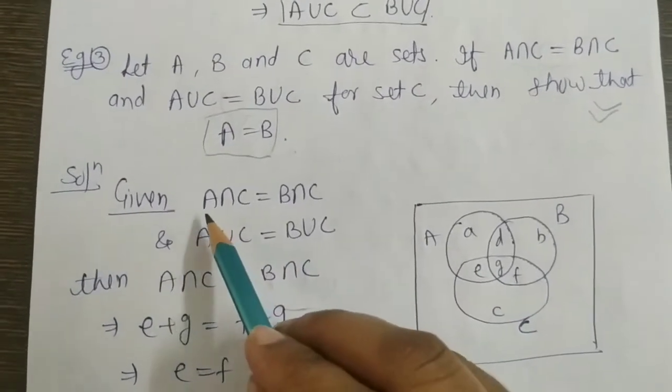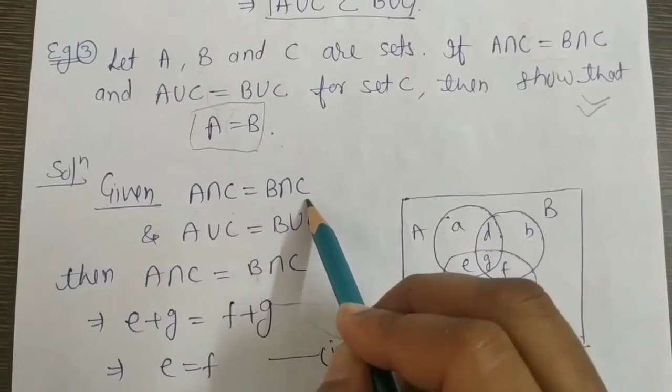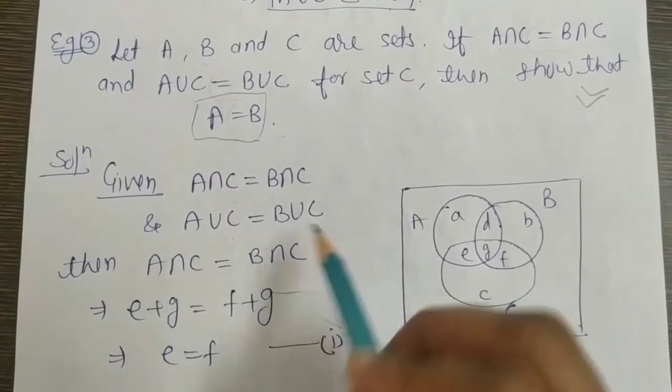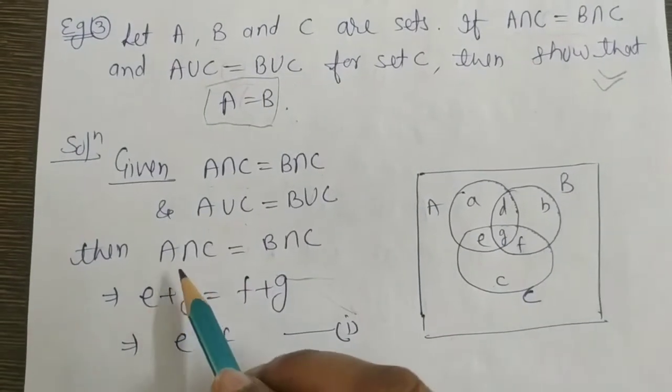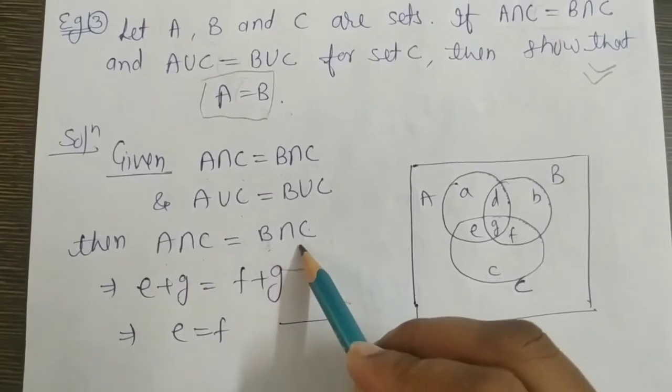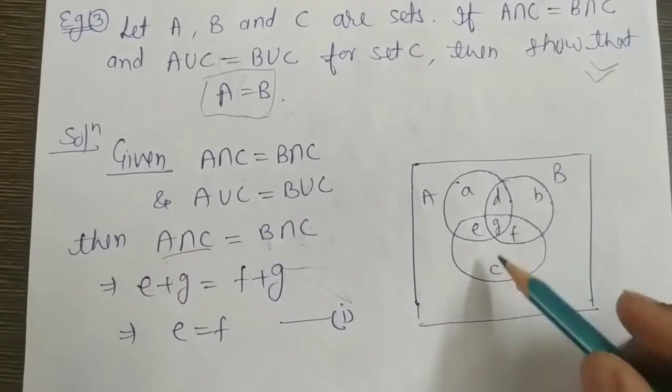Given that A intersection C is equal to B intersection C and A union C is equal to B union C. First we take the first condition, A intersection C equals B intersection C. Now check, what is A intersection C?